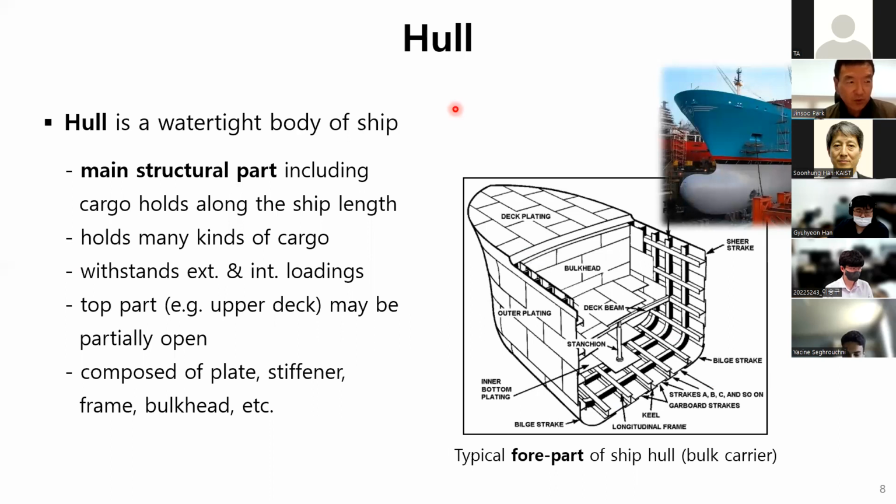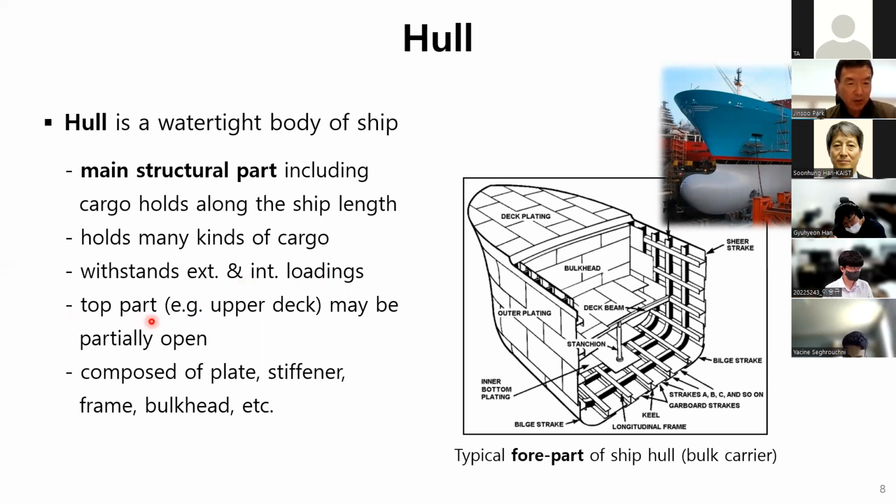I'd like to talk more about the hull. The hull may be said to be the watertight body of a ship. That is, the main structural parts, including cargo holds, along the ship length. The hull is supposed to hold many kinds of cargoes and also withstand external and internal loadings.